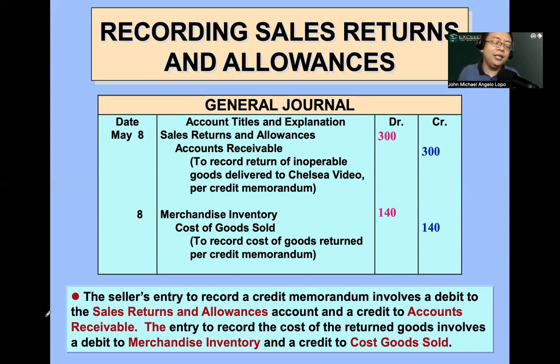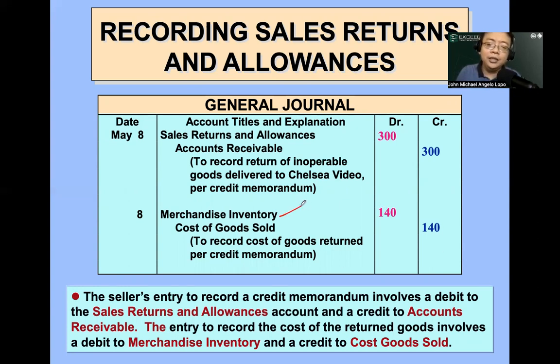The seller's entry to record a credit memorandum involves a debit to sales returns and allowances and a credit to accounts receivable. The entry to record the cost of the return involves a debit to merchandise inventory and a credit to cost of goods sold. Since the customer returned the goods, we return them to our merchandise inventory.